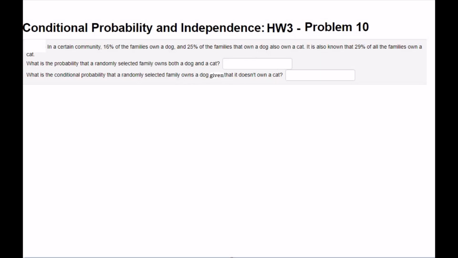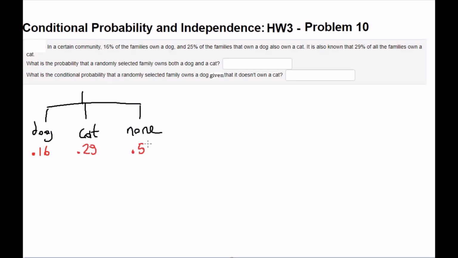Let's start with part 1, but before that, let's rewrite the information given, either using 3 branches or a Venn diagram. So families who own a dog, families who own a cat, and none. We were given the information that 16% of the families own a dog and 29% of the families own a cat, so 55% own none.